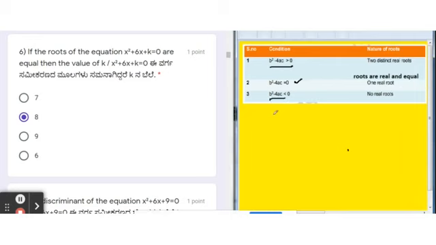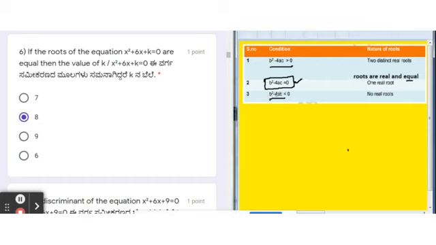Here b square minus 4ac is nothing but the discriminant. In this question, the condition is that the roots are real and equal. If roots are real and equal, we have to apply the formula b square minus 4ac is equal to 0. So whenever the word discriminant is used, or real and equal, or the nature of roots, you have to apply the formula b square minus 4ac, students.